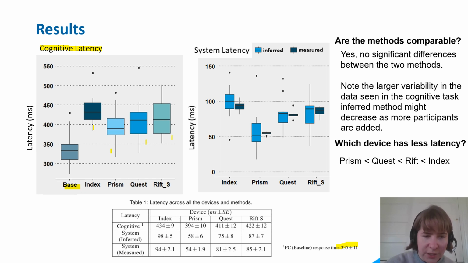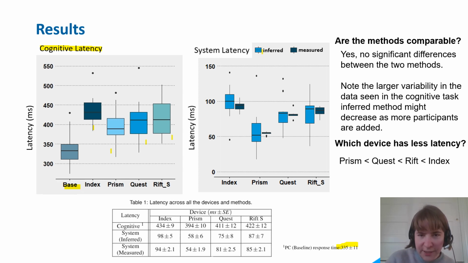What we can do is take the baseline out of the different devices, because the baseline is how long the motor system takes for a person to respond, and that can be the baseline for the other ones. You can normalize and infer the latency of the system, right?